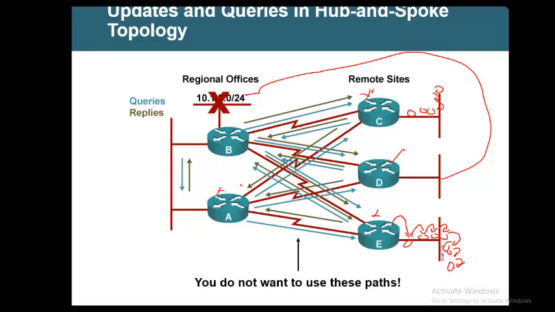Only then will that query that was sent, for which the response doesn't come back, be cancelled. B has sent a query to C, E, and A. Either you should receive a response or it needs to be cancelled. It means the neighborship itself needs to be cancelled.